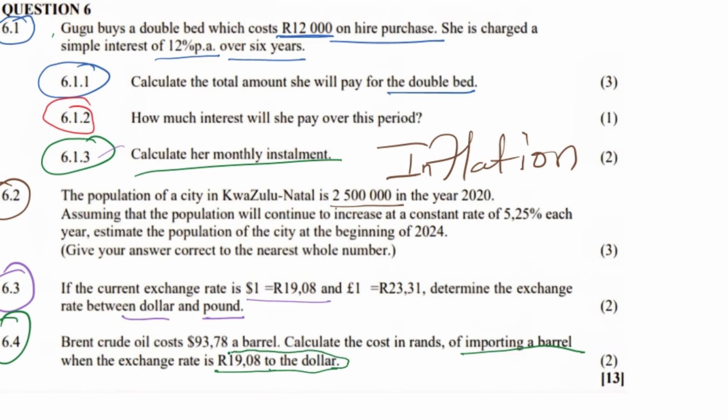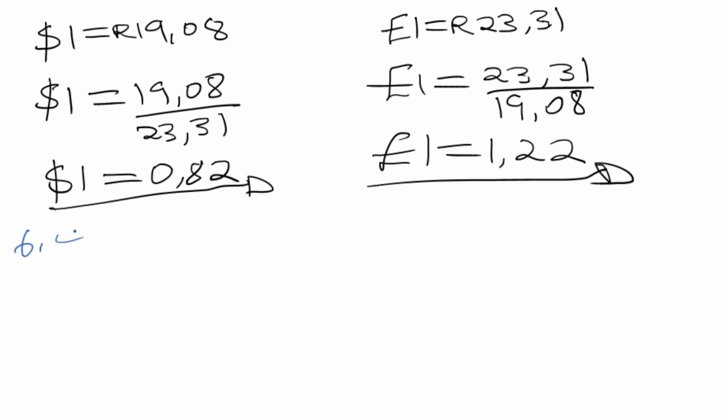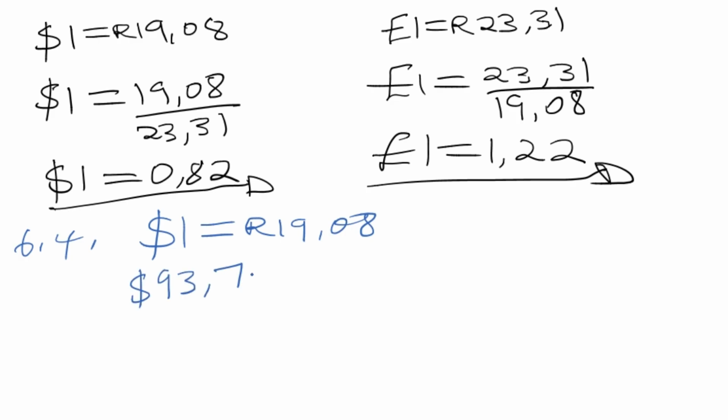The exchange rate here is that if you have $1, you have 19 rand 8 cent. And then we are given that we have 93.78. For South Africa, we don't know, so that's why we just write X there. What we need now is just to cross multiply, and then we quickly get our answer.